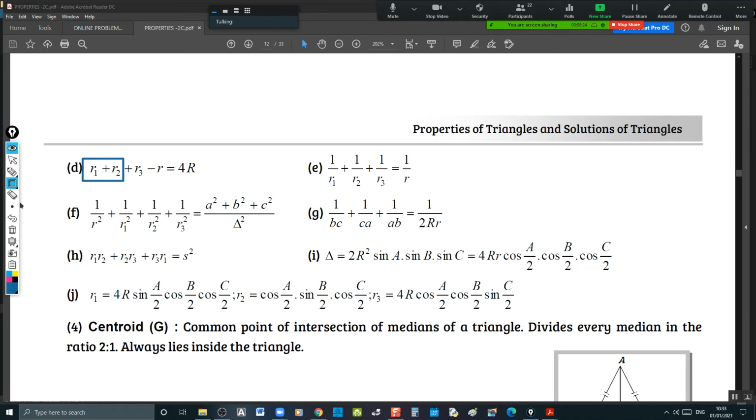How? Can anyone in the class tell me what is R1 in terms of sine and cos? We don't have time. 4R sine A by 2 cos B by 2 cos C by 2. What is R2 in terms of sine and cos? 4R cos A by 2 sine B by 2 cos C by 2. So you will get cos C by 2 common here.